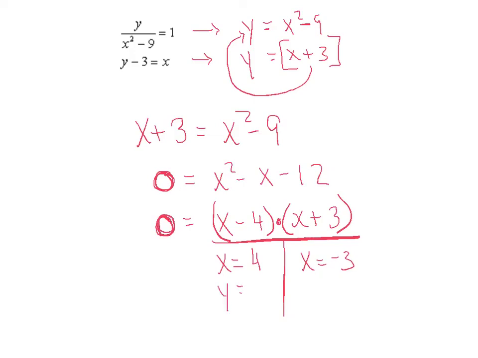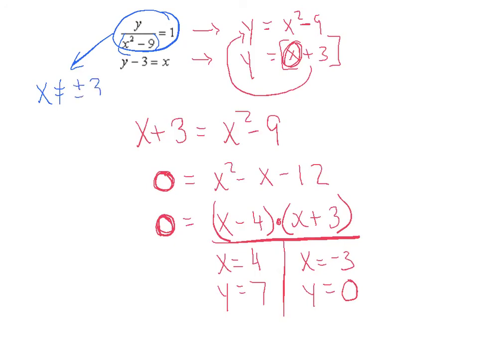I want to plug the 4 back in up here and get y equals 7. I'll also take the -3, plug it into the same spot, and get y equals 0. However, there is a very sneaky bear trap on this particular problem. If you look at that first equation, and that's why I chose this problem, if you look at the denominator here, we're going to make a note right away that says x is not allowed to be positive 3 or -3.